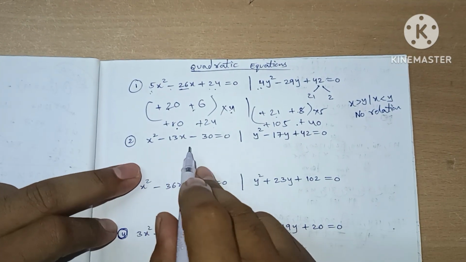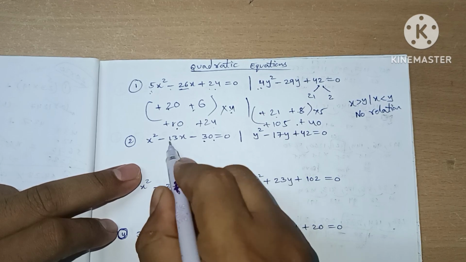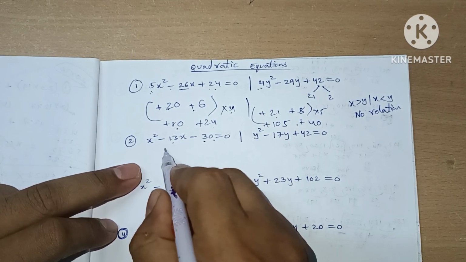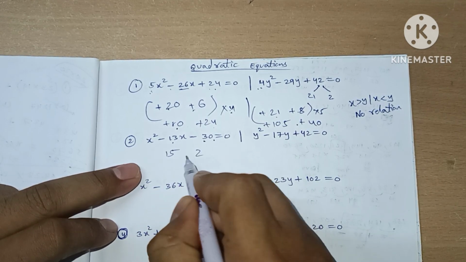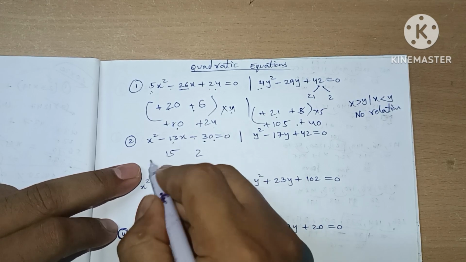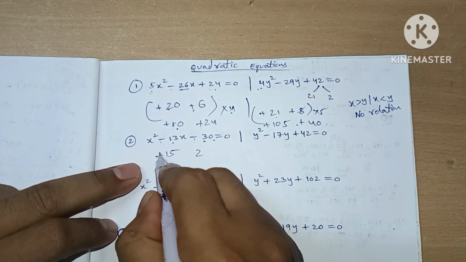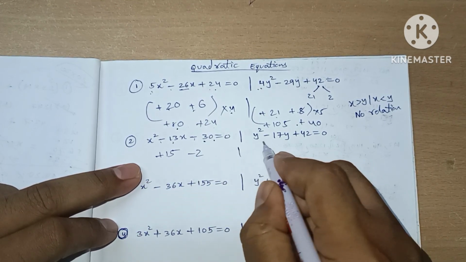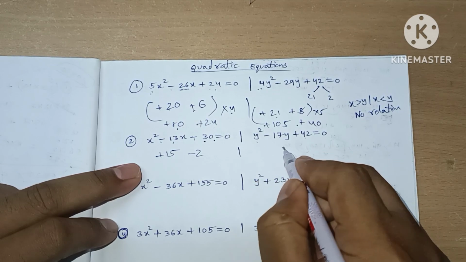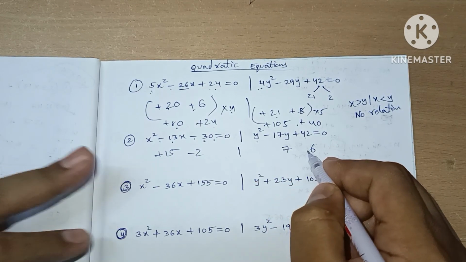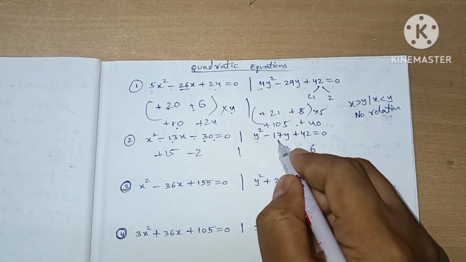Next question. Here 30, we need to get 13. 15 2 times and minus we get 13. Minus and minus means plus and minus are the roots. Here 42 7 6 times is 42. No, but we need to get the 17.